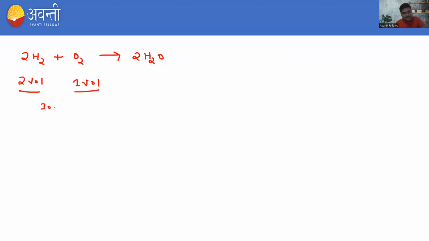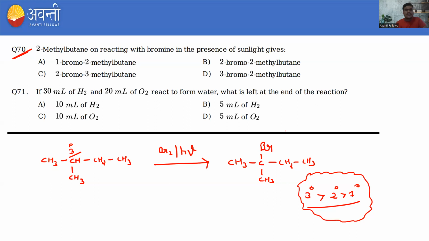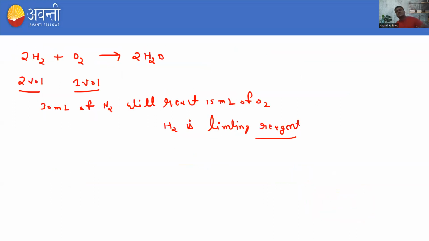So we can say that 30 ml of H2 will react with 15 ml of O2 only. Hence, H2 is the limiting reagent. 20 ml of O2 we have, so H2 is the limiting reactant.